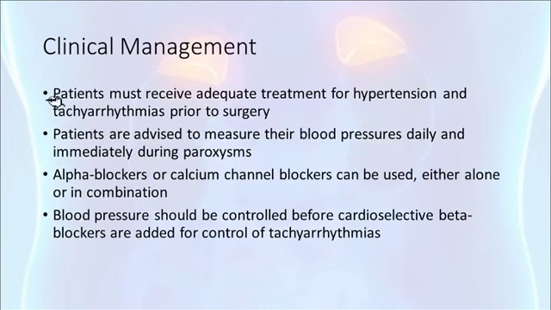The clinical management. Most patients must receive adequate treatment for their hypertension and tachyarrhythmias prior to the actual surgery. This may require the use of alpha blockers or calcium channel blockers, either separately or in combination with one another. The common alpha blocker that we use tends to be doxazosin at 4 milligrams given once daily, or maybe titrated up to approximately 8 milligrams once daily.